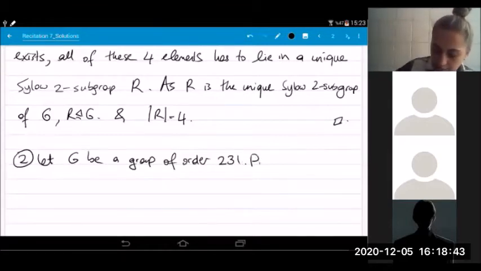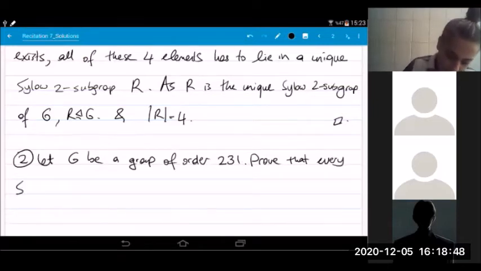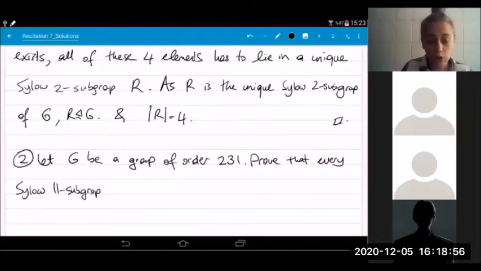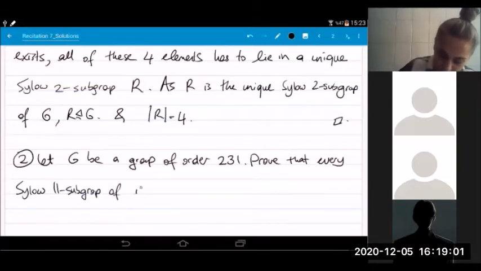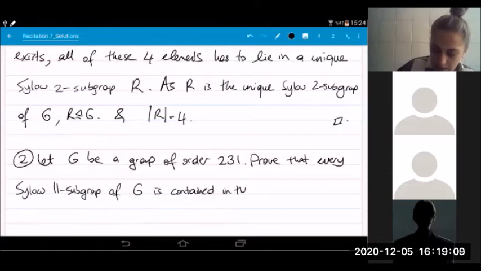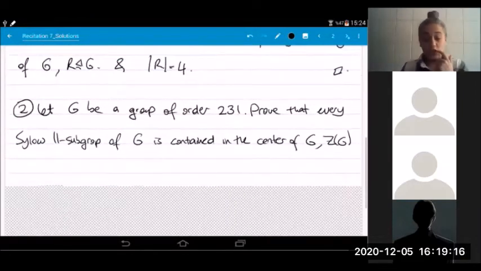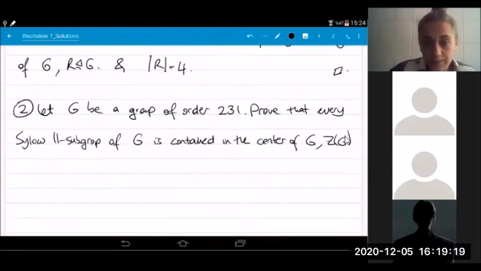Prove that every Sylow 11 subgroup of G is contained in the center of G. Is contained in the center of G, which is this one. So how do we approach this question?